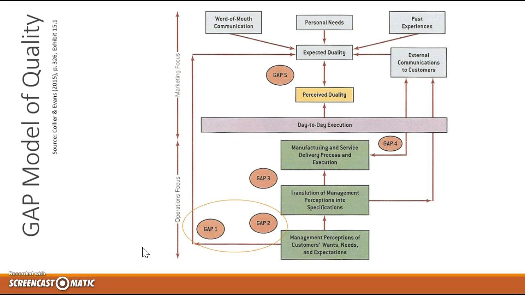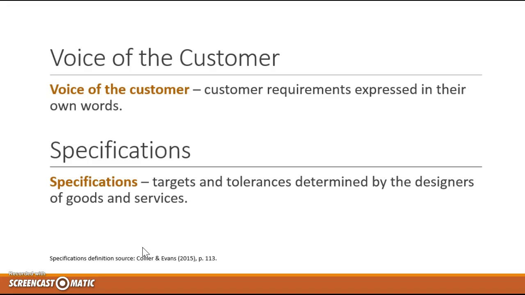Really what we're talking about here is translating voice of the customer into specific specifications, right? So voice of the customer, we've gathered the customer requirements in their own words, and now we want to translate that into specifications that we can use to know and understand that we are meeting customer needs.